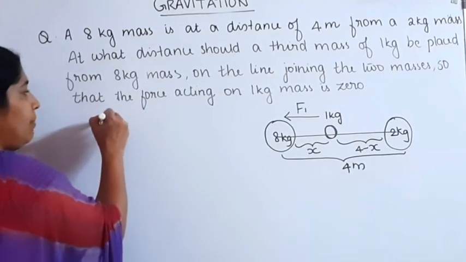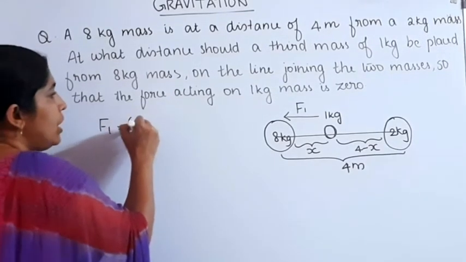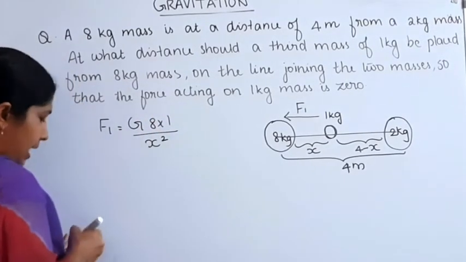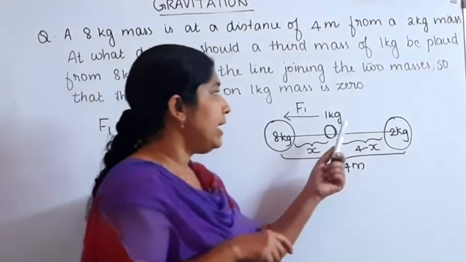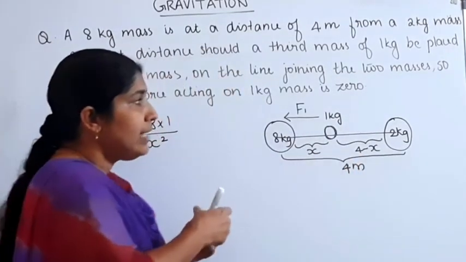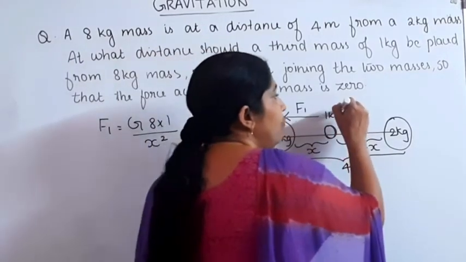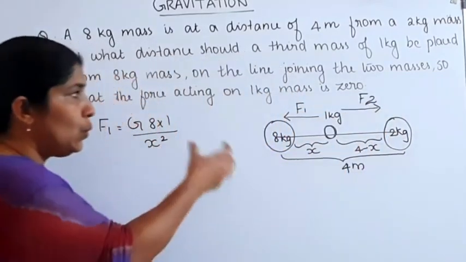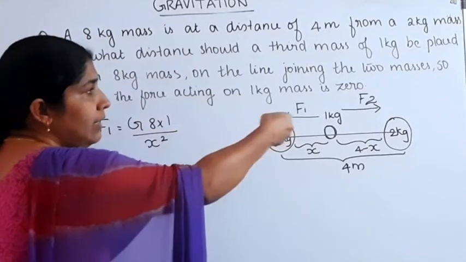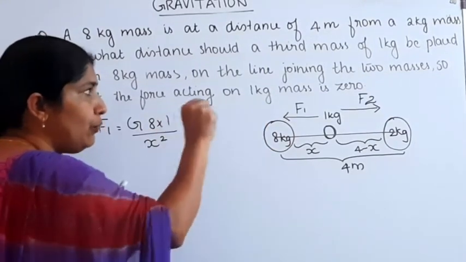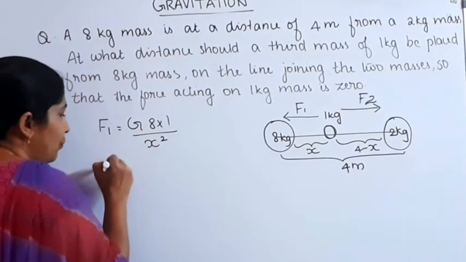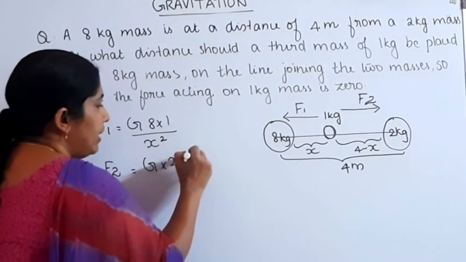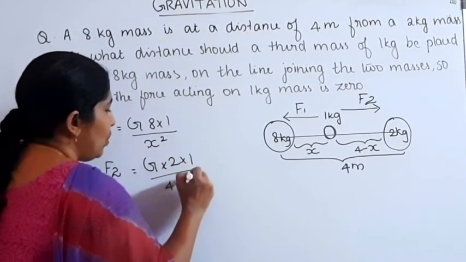That force F1 can be written as F1 is equal to G into 8 into 1 divided by x squared. Then the force of attraction between 1 kg and 2 kg: 2 kg attracts 1 kg towards 2 kg in this direction, and that force is taken as F2. The direction of F2 is as in the figure. F2 is equal to G into 2 into 1 divided by (4 minus x) the whole squared.